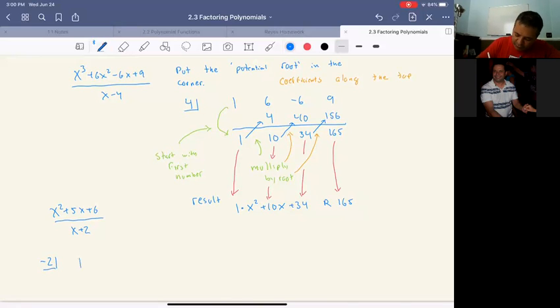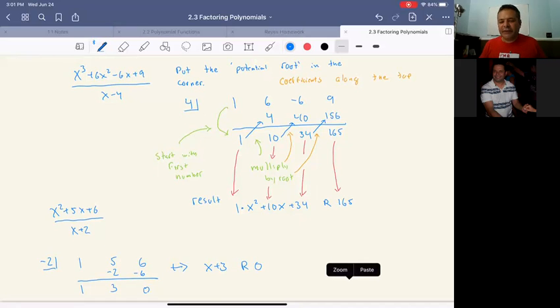We're going to have 1, 5, and 6 along the top. 1 comes down, multiplied by -2. 5 and -2 is 3. Multiplied by -2 is -6. And we get 0. So we get x plus 3 with a remainder of 0, which was what we expected. All right, I'll see everyone in the next video, or you'll see me in the next video.